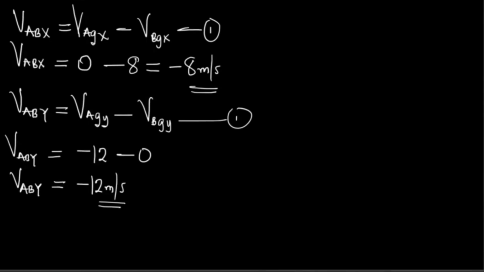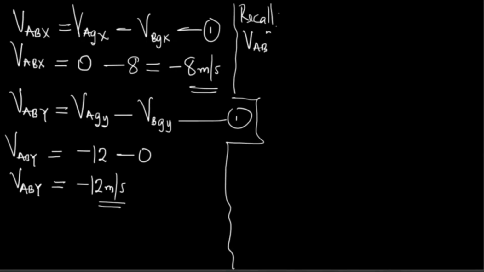Now you need to substitute those. Recall that the velocity of A relative to B squared is equal to the velocity of A relative to B in the x direction squared plus VABy squared.